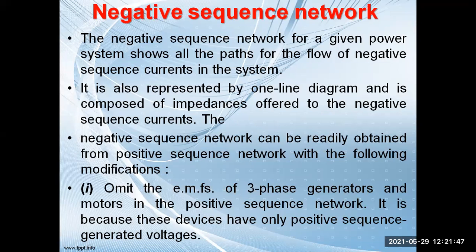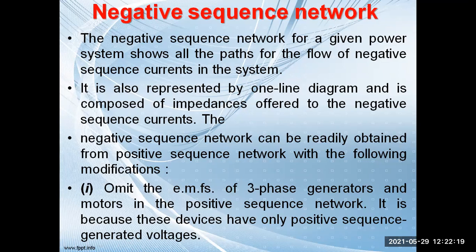Now the negative sequence network for a given power system shows all the paths for the flow of negative sequence current in the system. It is also represented by a one line diagram and is composed of impedances offered to the negative sequence current. We have to understand that the negative sequence impedance will only give opposition towards the negative sequence current.